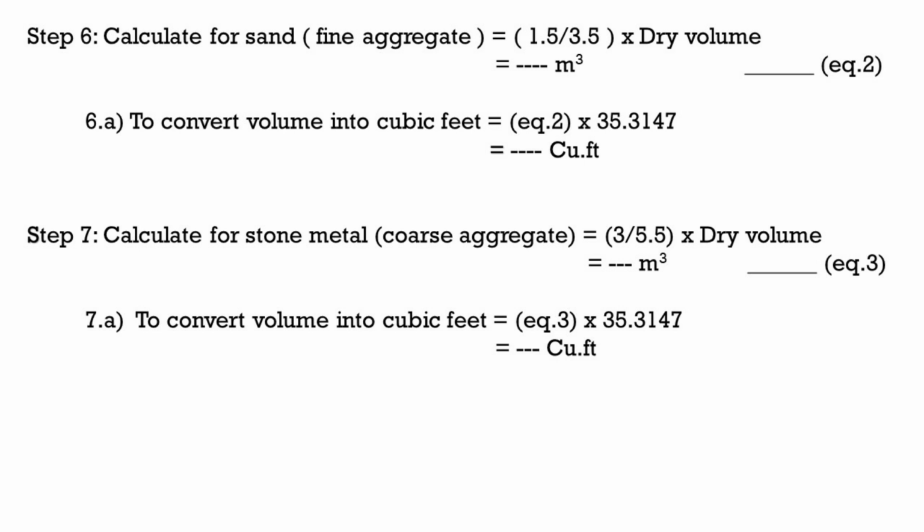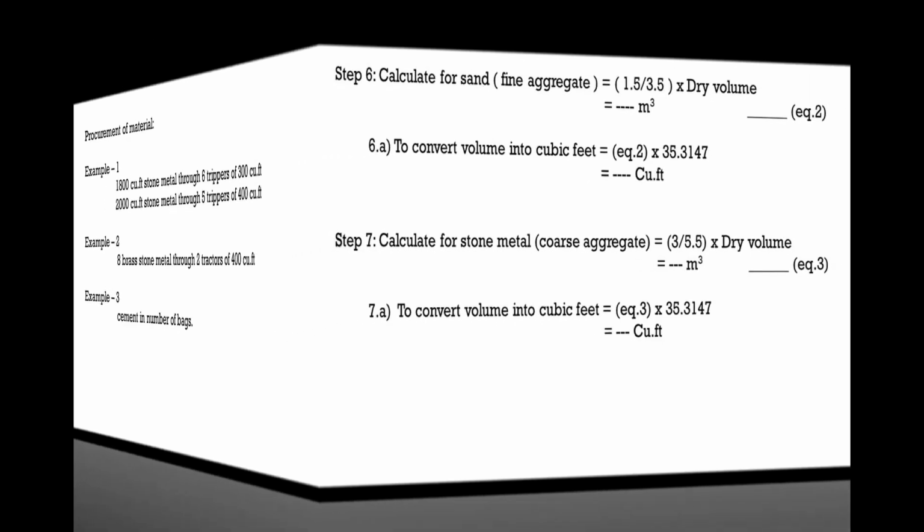But in the market, to purchase sand or coarse aggregate, we generally speak in terms of trippers or tractors or trucks or any other vehicle involved in the transportation. So if we want to purchase sand or jelly, we will purchase it in terms of number of trippers, etc. This we will understand by taking some examples.